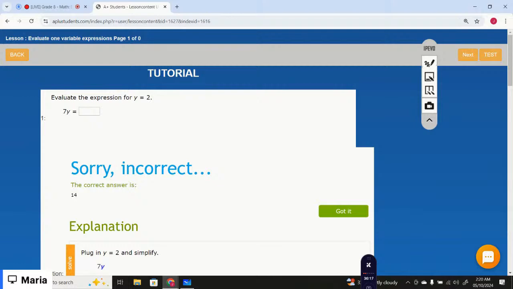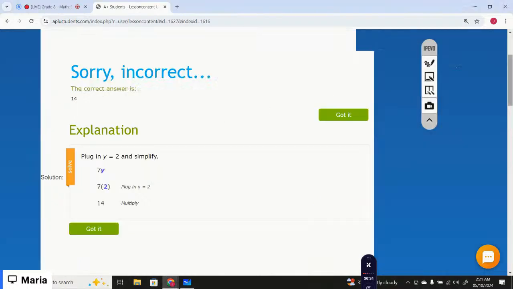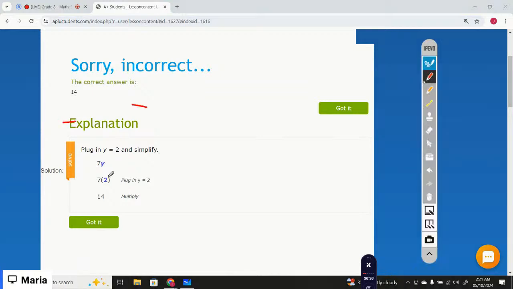You are given the value of the variable, that is 2, right? You are given y equals 2. Just plug y equals 2 into the expression 7y. You have to do 7 times 2, so that is 14. So that means 7y equals 14 when y equals 2. Got it?